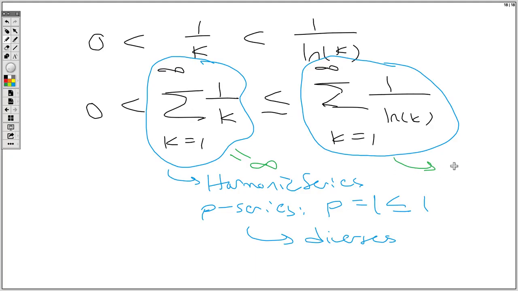If it goes to something bigger than or equal to infinity, then it itself must go to what? Yep.